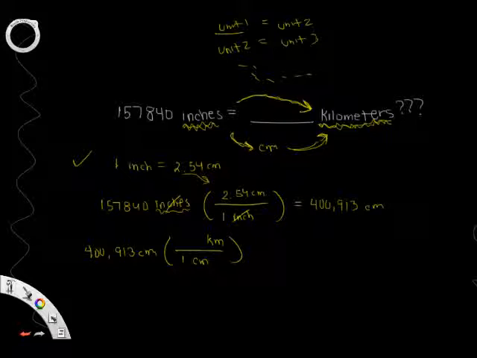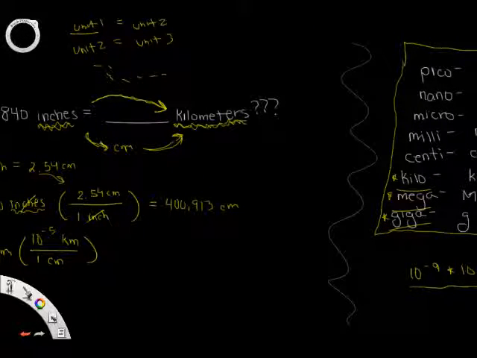So, we have centimeters, and we want that to become kilometers. That will be 10 to the -5th. And once again, you just have to be familiar with scientific notation, and that will let you know why I was able to come up with 10 to the -5th.